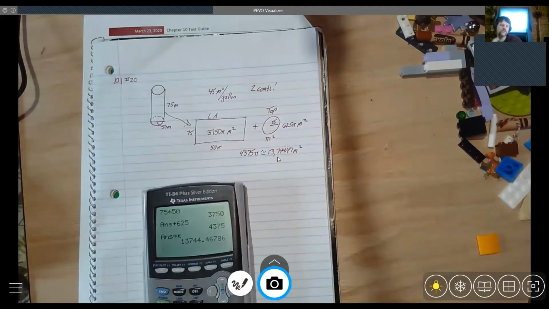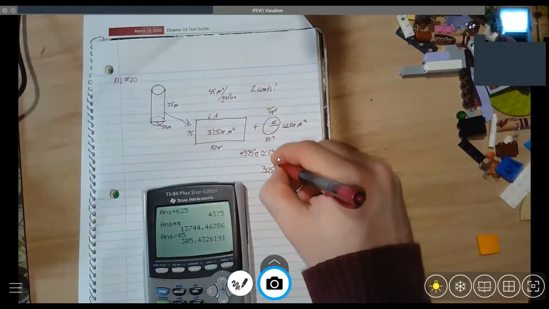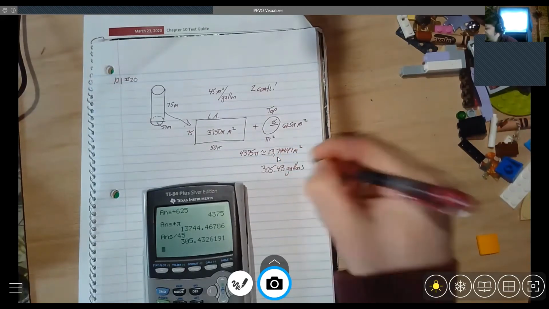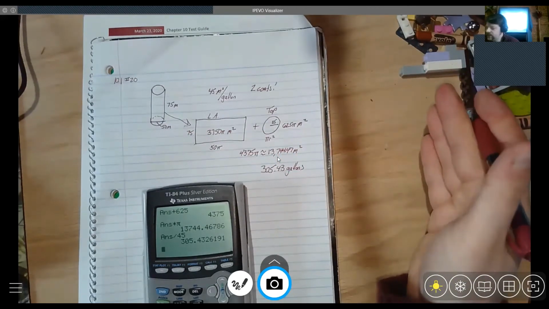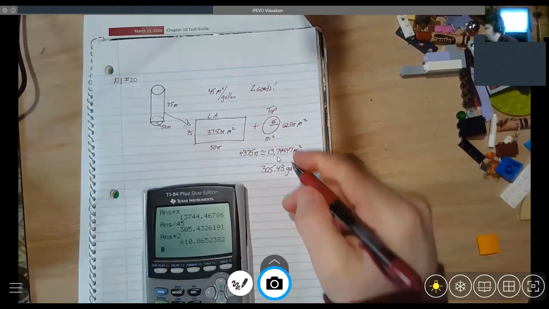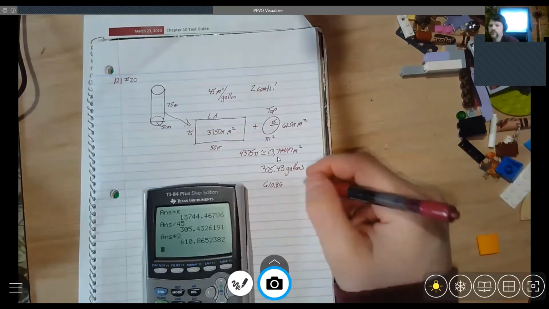Now a gallon of paint covers 45 square meters, so I've got to divide this by 45, and that gives me 305.43 gallons of paint. That's to do one coat, but I have two coats, so I multiply by 2, so that gives me 610.86.